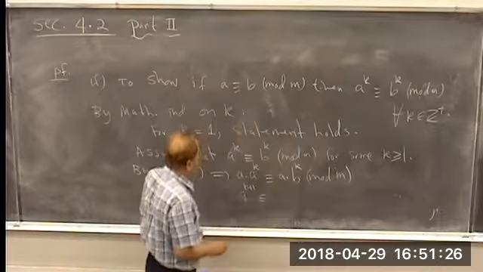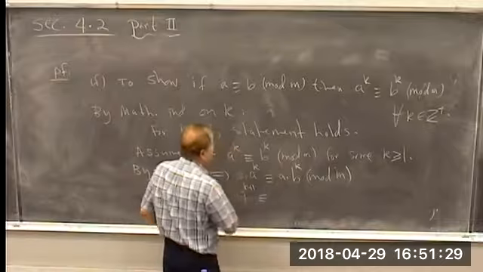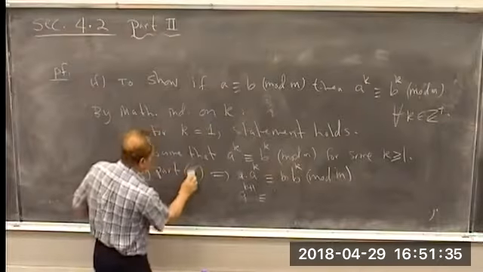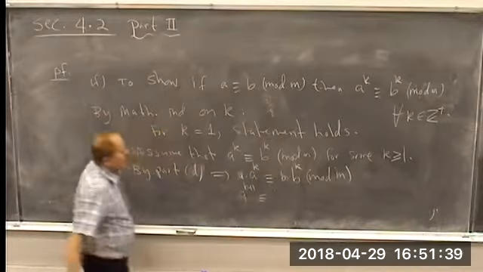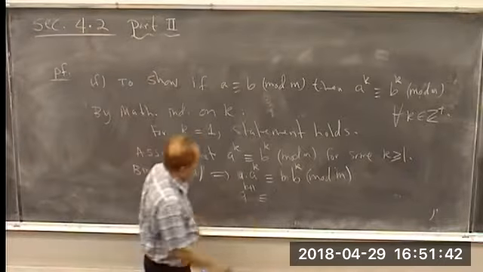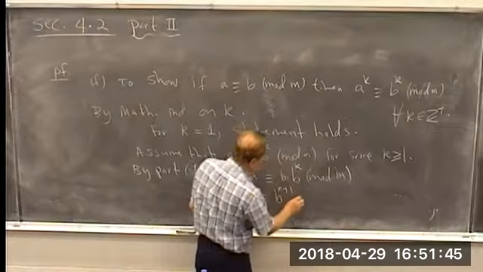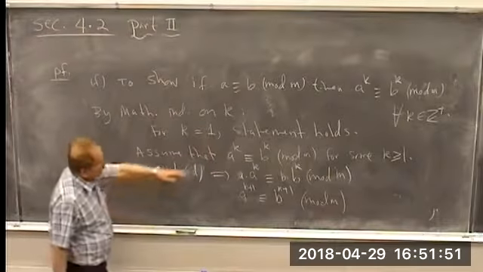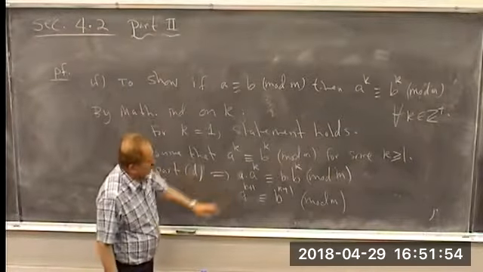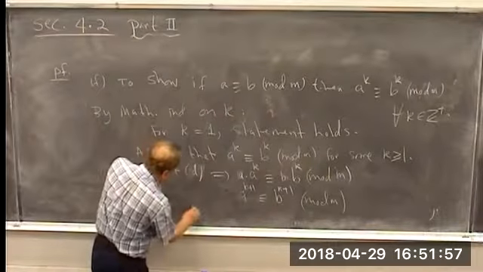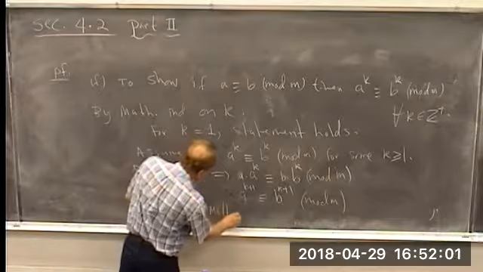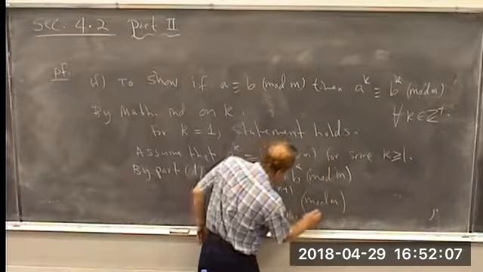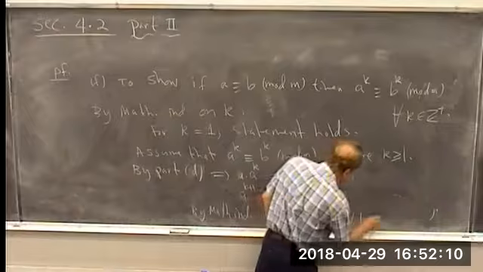Actually, I want to multiply by A and B, so I'm actually using part D. So we get here A to the K plus 1, and on this side we get B to the K plus 1 mod M. So if the statement is true for K, then it's true for K plus 1, so by math induction, the statement is true for all K in Z.